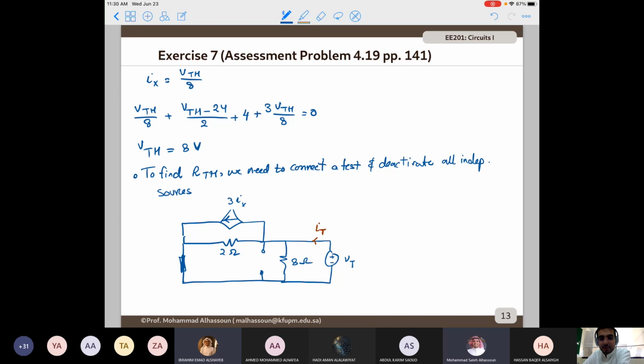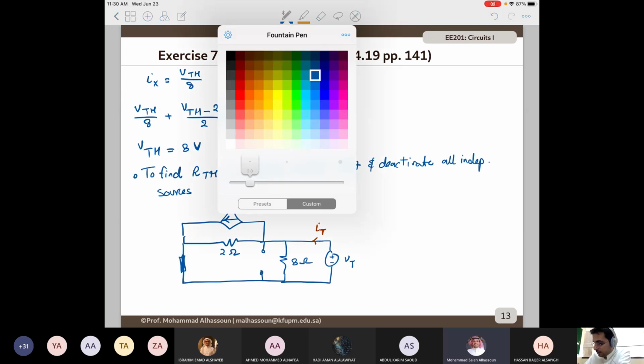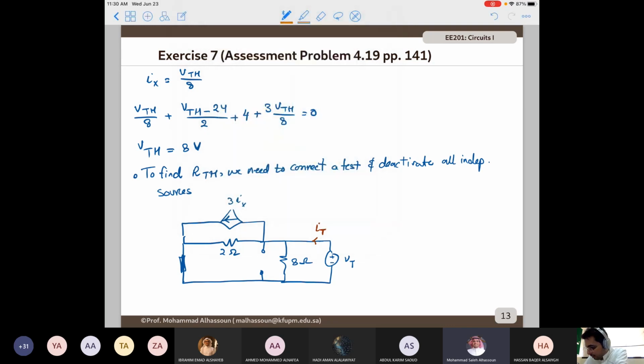Okay, so let's apply KCL here. Let me call these currents I1, I2, and I3.